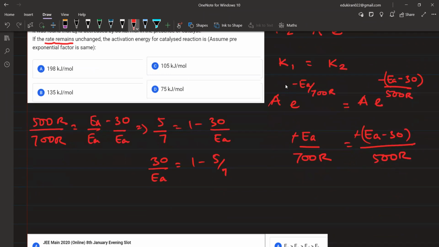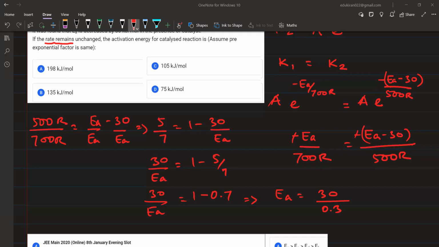What will be this value? 5 upon 7 is 0.7. Are these values very close? No, not very close. So we can approximate 1 minus 0.7, 30 upon EA. EA will be equal to 30 upon 0.3, so this comes somewhere around 105. Look at the answer.